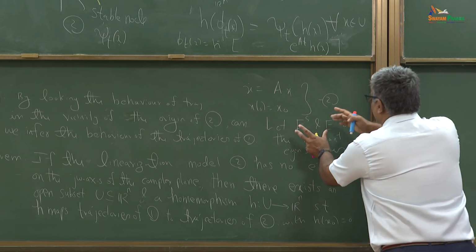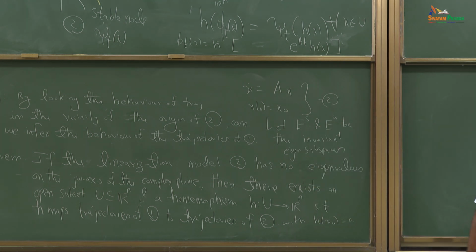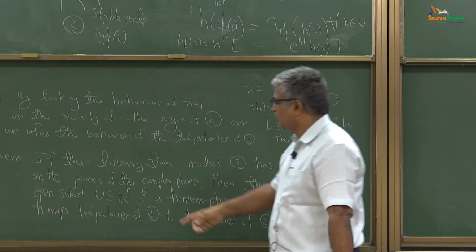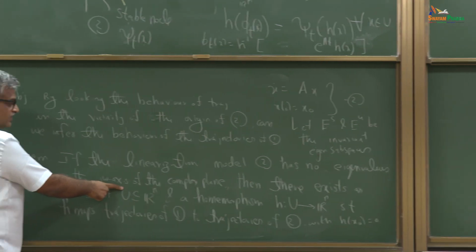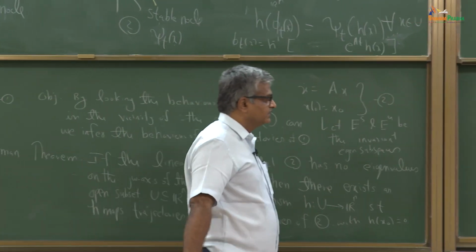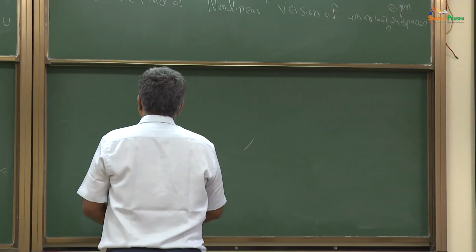So what is the connection between this and these sets? Well, if none of the eigenvalues are on the j omega axis, then the picture is like this.